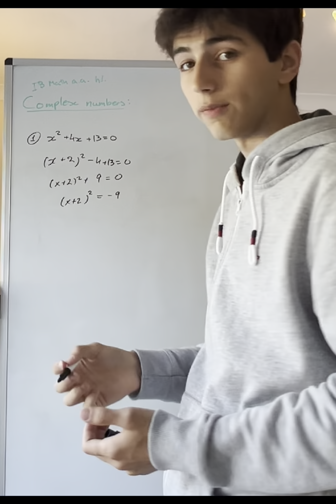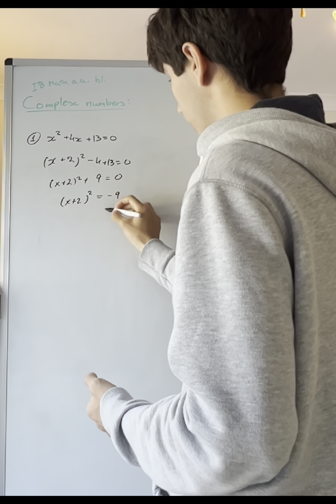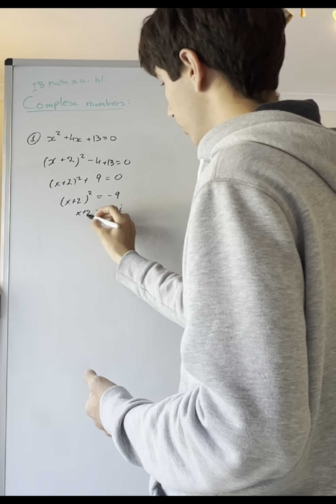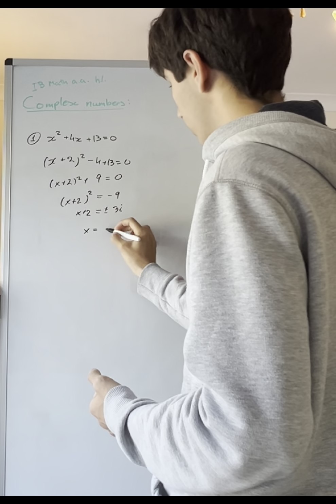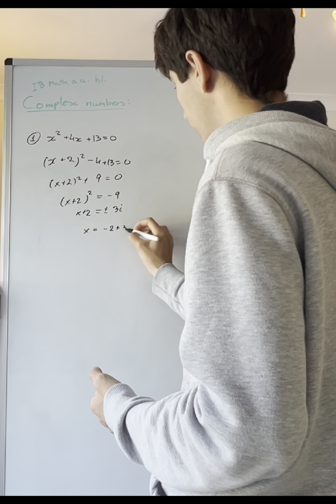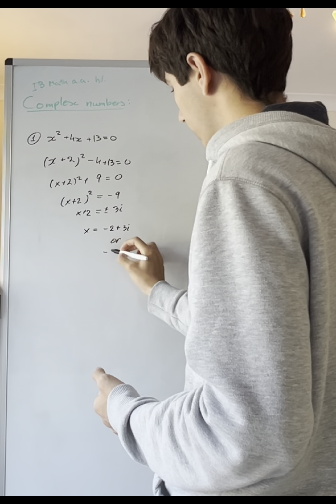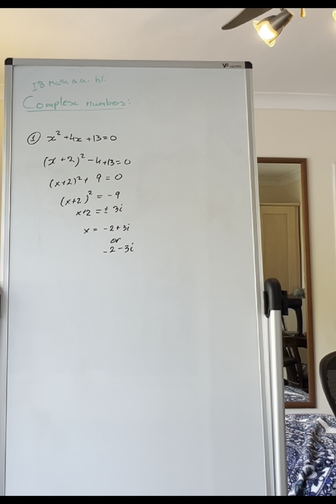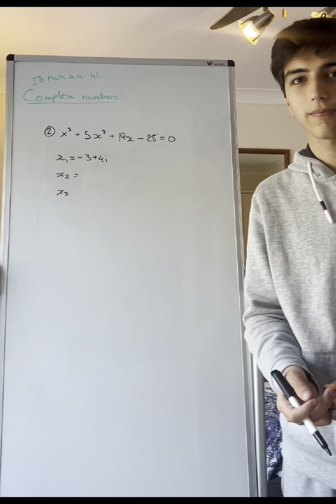So we can take the square root of both sides, and we get plus or minus 3i is equal to x plus 2, and hence x is -2 plus 3i, or -2 minus 3i. So this is the solution to the first question that I put up.